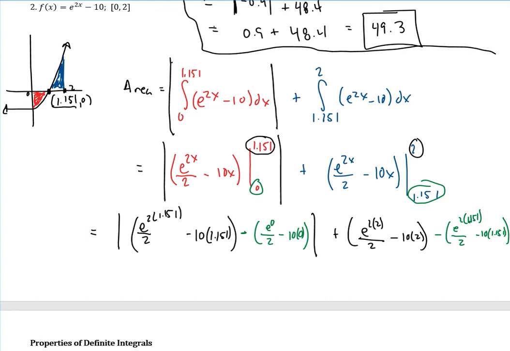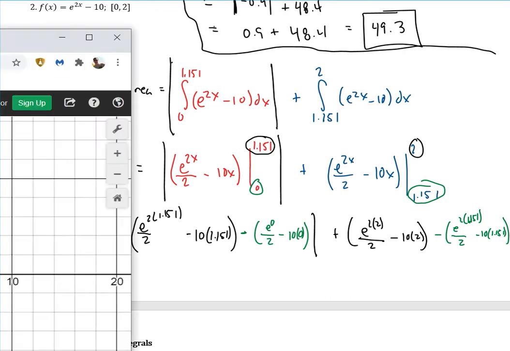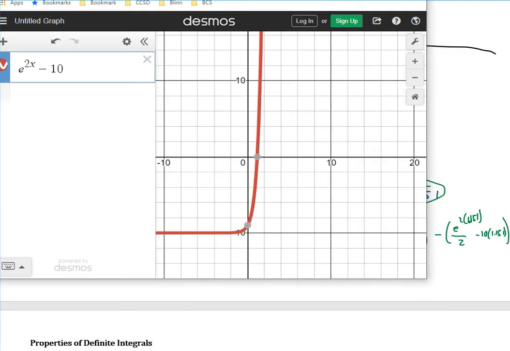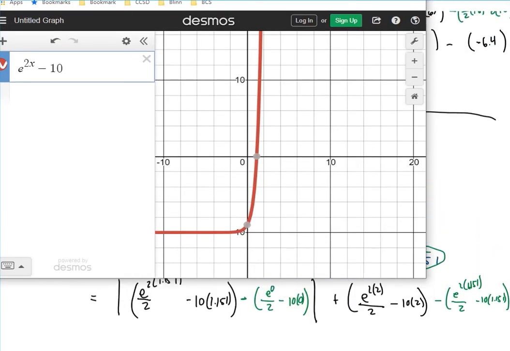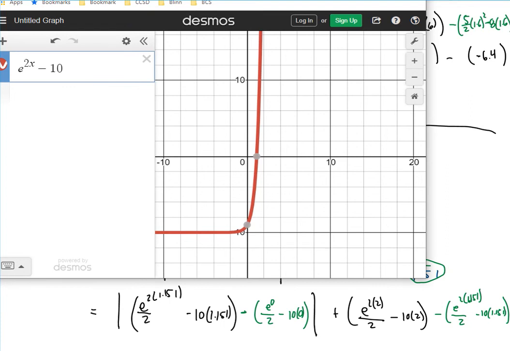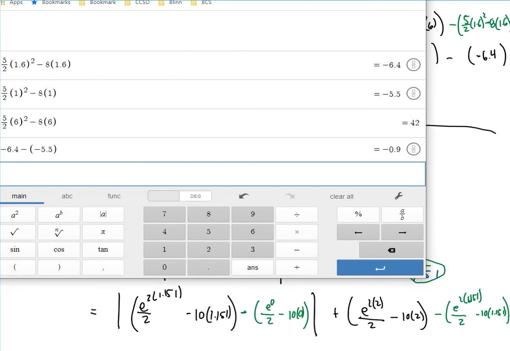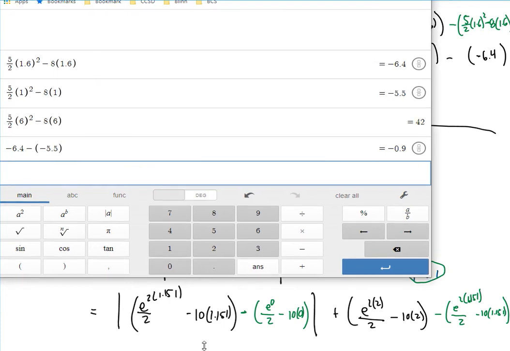If you're comfortable with the calculator, you can move on or fast forward and see if you got the same thing when you plug it in. I'm going to use my scientific calculator again and type that in exactly as I see it.